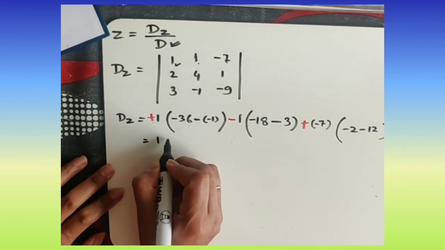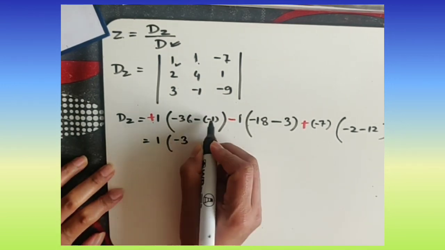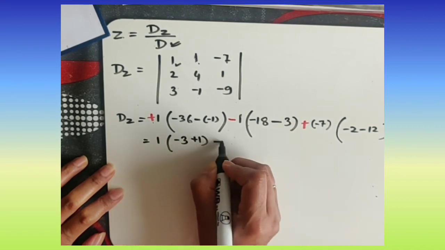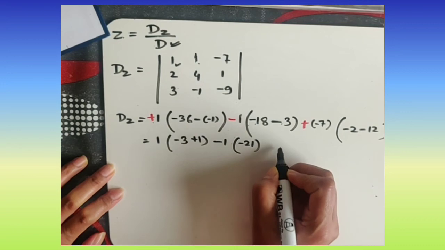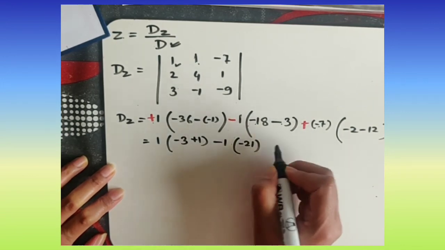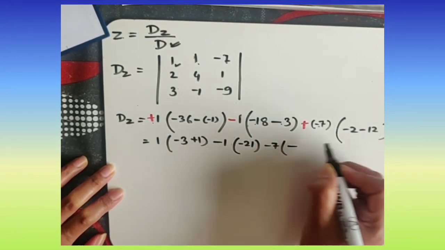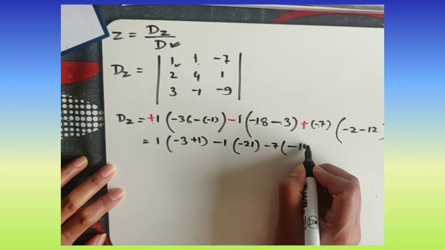Then here it will be plus, and then minus 36 minus minus plus 1 minus 1, minus 18 minus 3 will be minus 21, and then here plus minus minus 7, and then minus 12, and minus 2 will be minus 14.